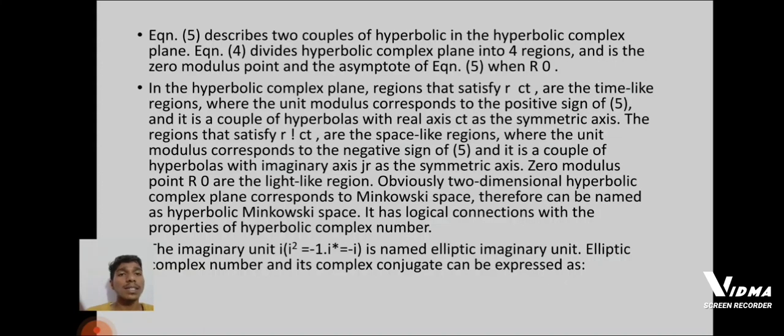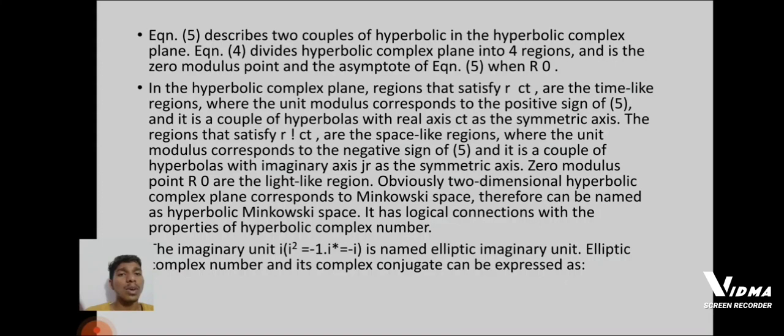The regions that satisfy r greater than ct are the space-like regions, where the unit modulus corresponds to the negative sign, and it is a couple of hyperbolas with the imaginary axis jr as the symmetric axis.